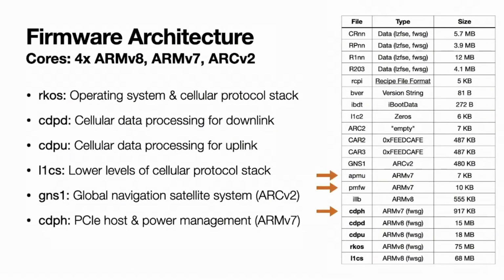And there are also some power management firmware and maybe memory management unit. They might be also connected to the host controller or the operating system. And if you just look at the file sizes, you can see a lot of the functionality could be implemented in the ARCOS and L1CS files.